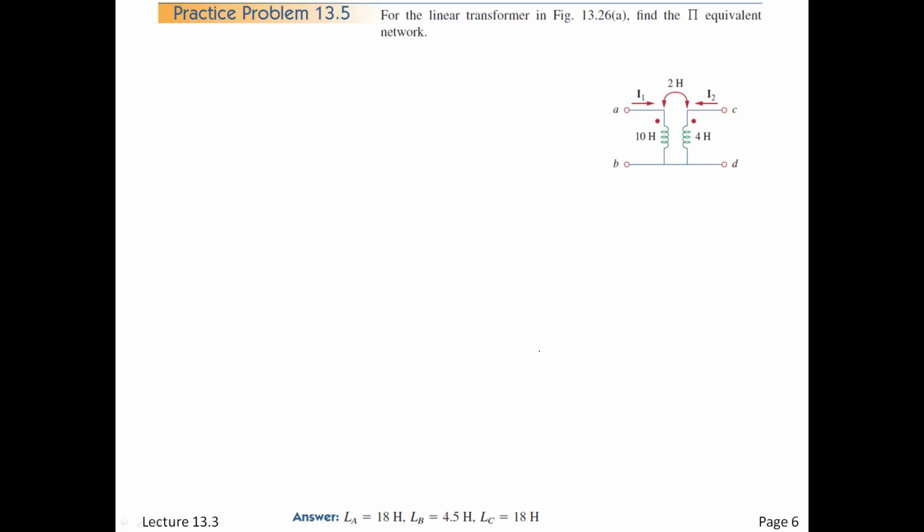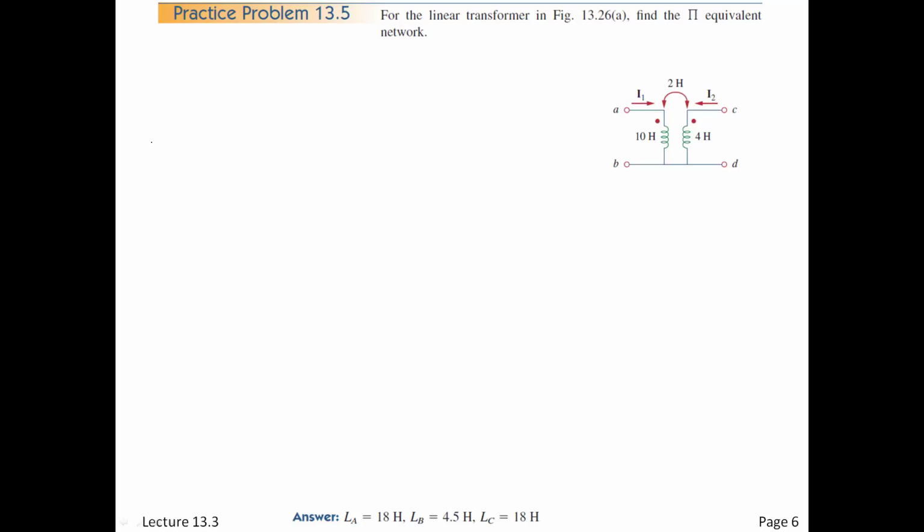All right, I think we have time for another practice problem in here, and let's just do the next one, the pi equivalent. Okay? And this is really just chasing down the values. I think this is pretty much just plug into formulas, right? We have our formulas for the pi values.